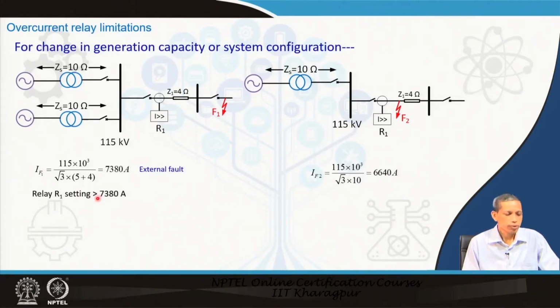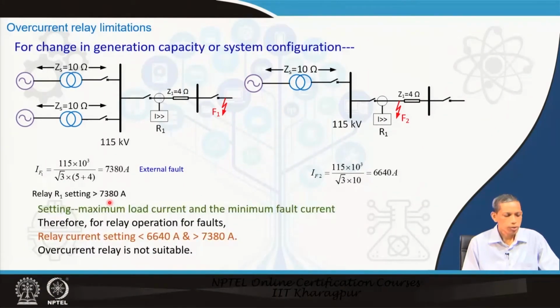So, now the relay R1 setting must be greater than 7380, because the fault is beyond the line. So, for this section it has to take care of primary, backup, whatever is inclusive. So, let us say for this case it should be greater than 7380 ampere. But you see that this setting, as we have learned from the overcurrent principle, should be greater than maximum load current and it should be below the minimum fault current level.